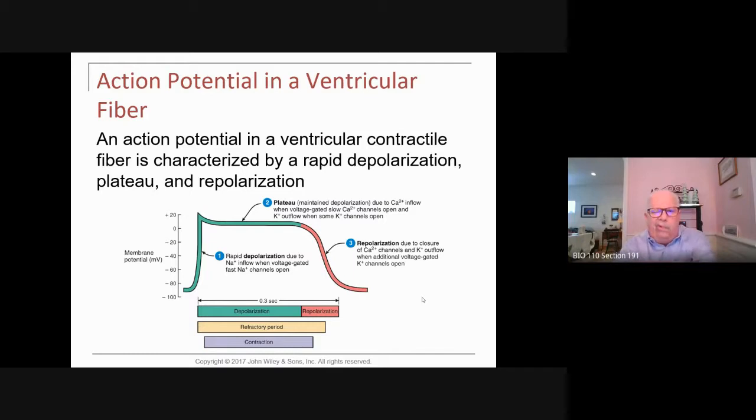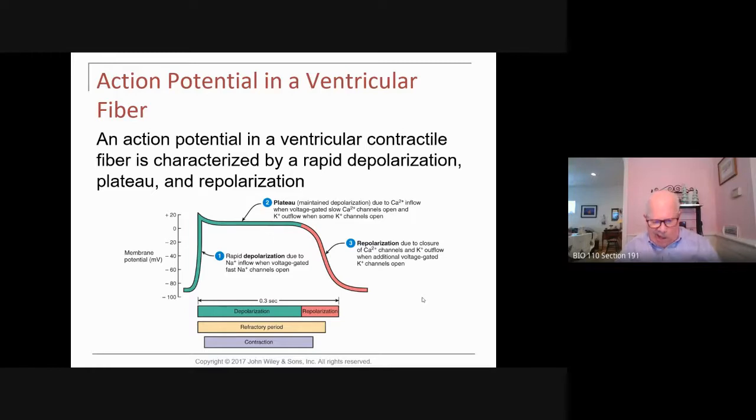This is a review for people that have had AP1. This is brand new for people who have never had AP1. We're talking about action potentials. We're talking about depolarization and repolarization.